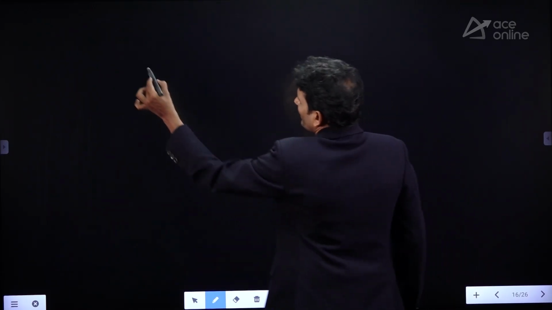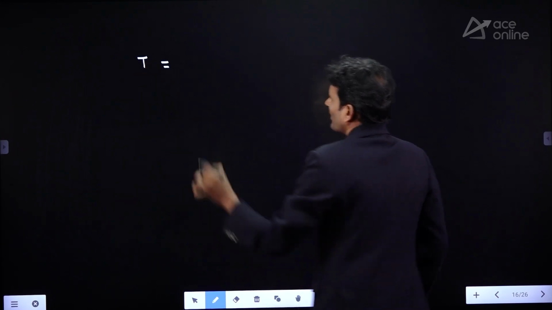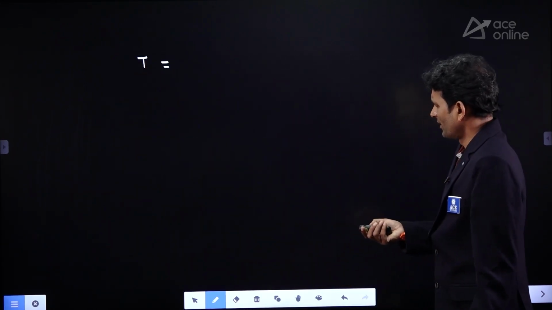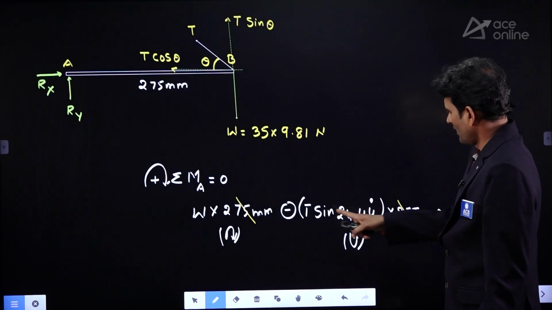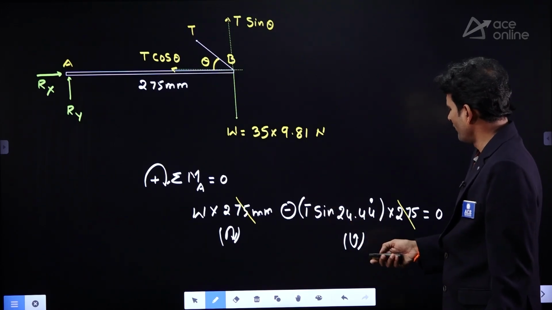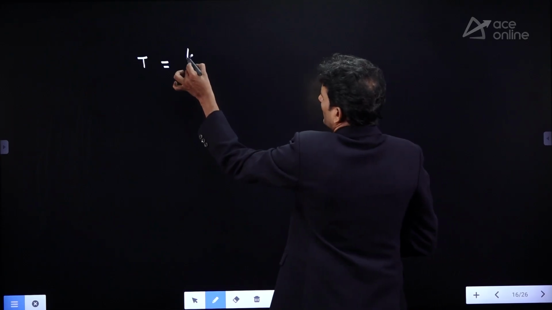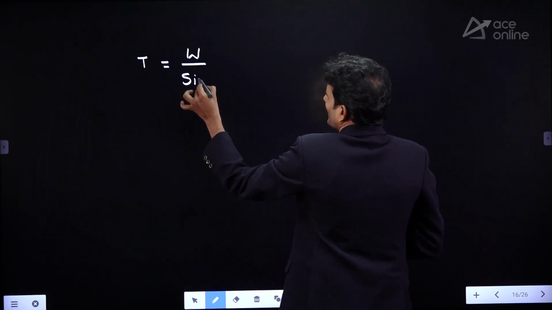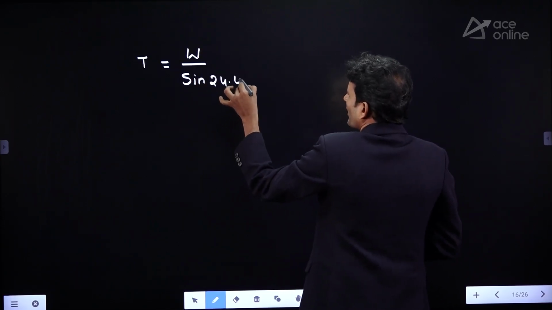T equal to, directly I am getting the unknown value, that is T. Bring this on this side, W divided by sine 24.44 degrees.